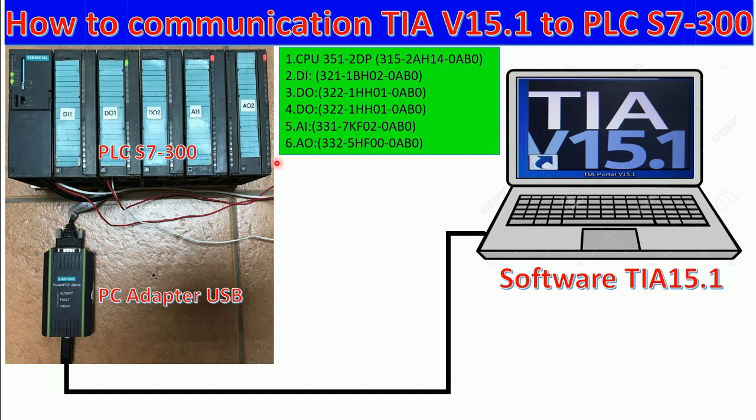Okay, and here is the CPU 351 2DP, and this is a serial number, and number 2 is the DI serial number, number 3 is the DO serial number, and number 5 and number 6 are the AI serial number and AO serial number.